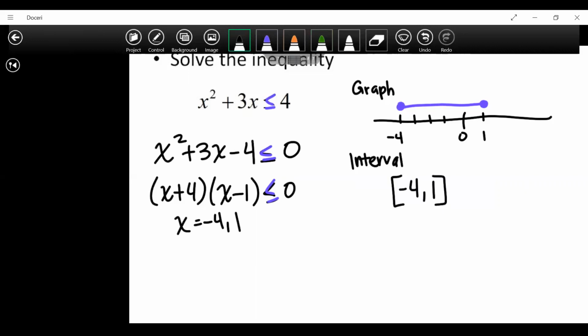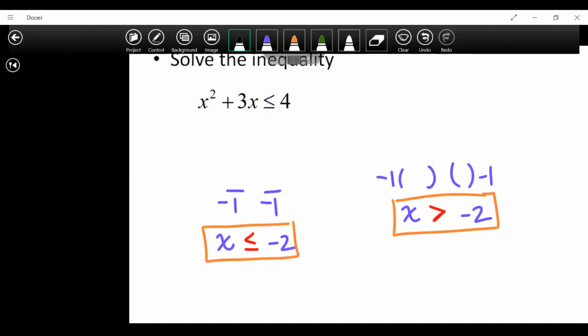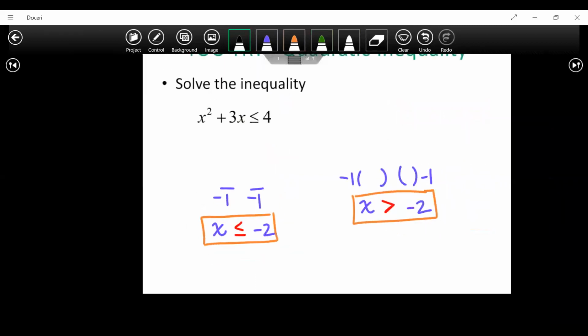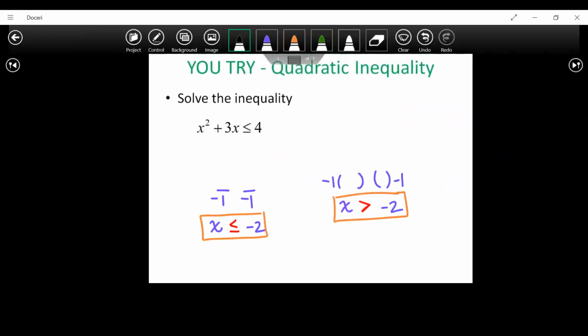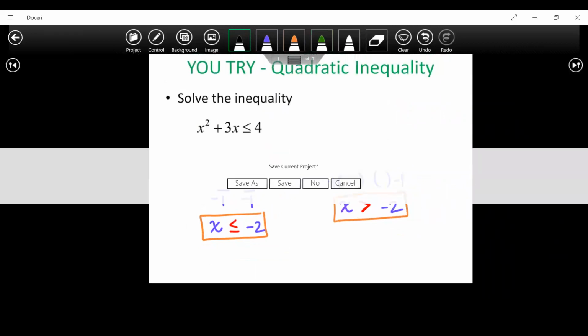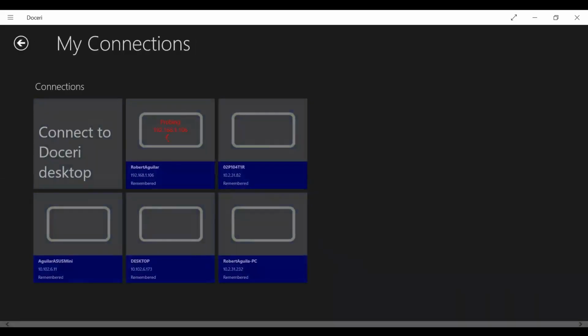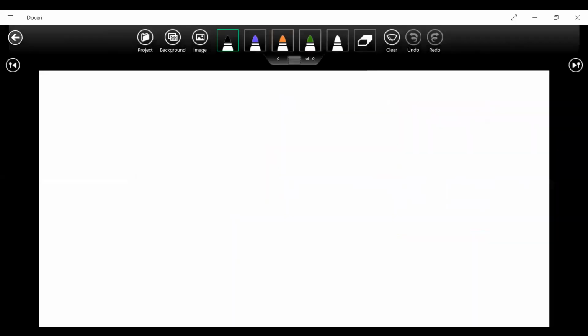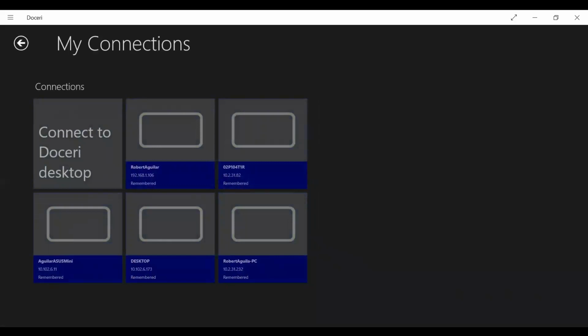Okay, let's try this one out. Last one here. After we're done here, we still have about 3 more minutes. Let me clear this. Try this one out for me. Hold on.